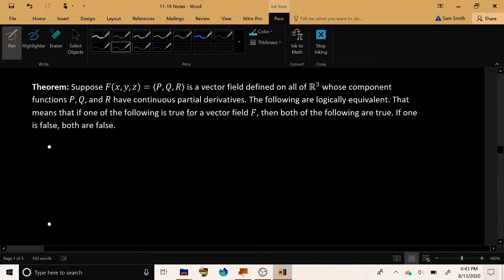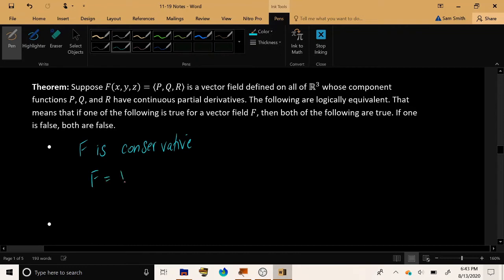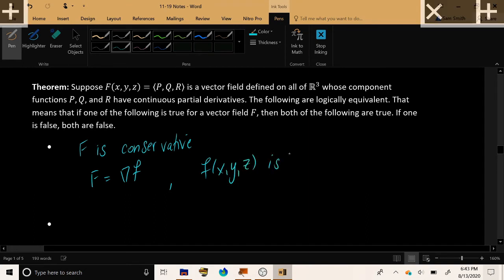So the first statement is that f is conservative, which means that f is the 3-dimensional gradient vector of some other multivariable function called the potential function, once again.